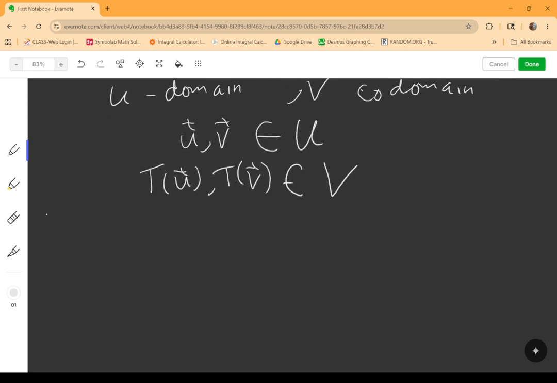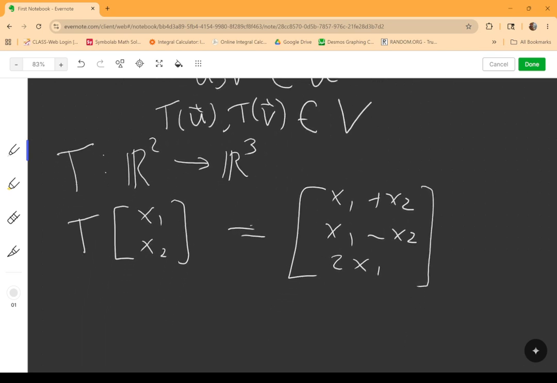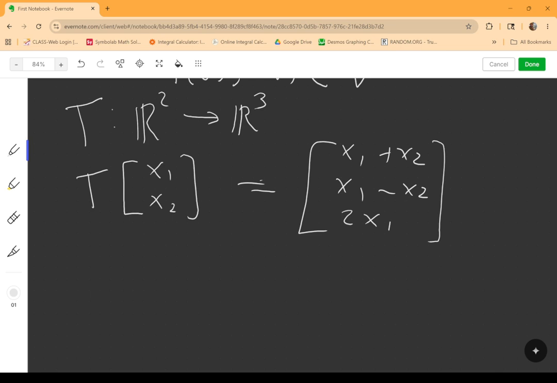For example, let T be the transformation between R2 and R3, defined like this. Usually we'll have a definition like this. This is an example of a linear transformation. Let's make sure additivity is satisfied.